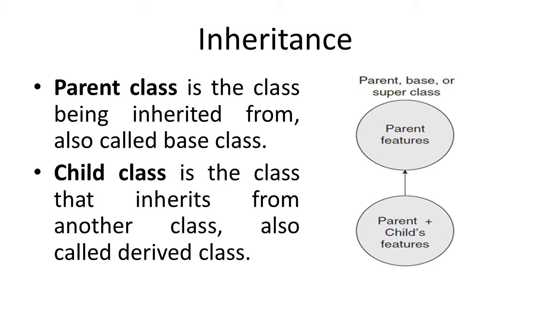Using inheritance, we can build a relationship between two classes. In inheritance, there are basically two classes in view, the parent class and the child class. The parent class is also called a base class or a superclass, and a child class is also called a derived class.